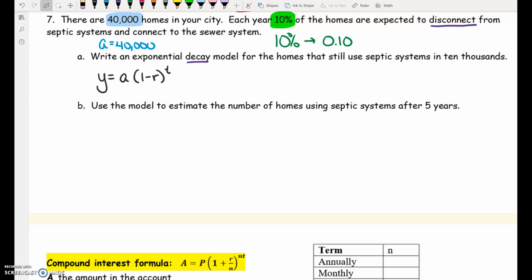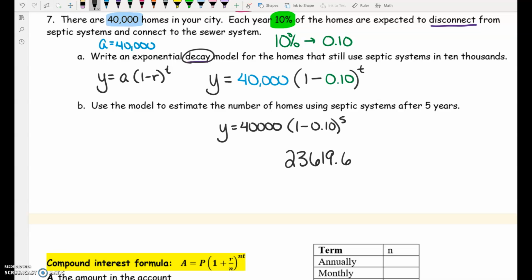Try number 7 on your own. So I filled in the formula, I used t equals 5, and I got approximately 23,620 homes.